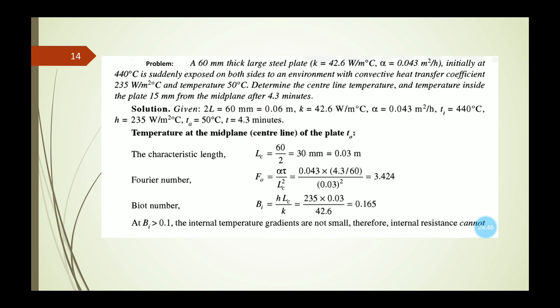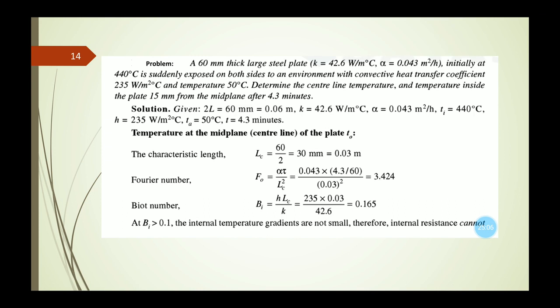Now we need to determine the center line temperature and the temperature inside the plate 15 millimeter from the mid plane after 4.3 minutes. So that means the value of tau is given here, 4.3 minutes.